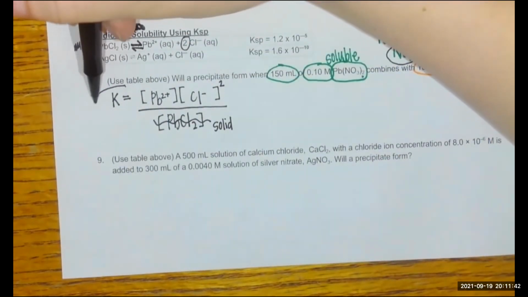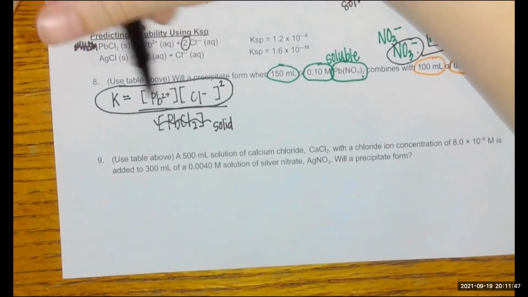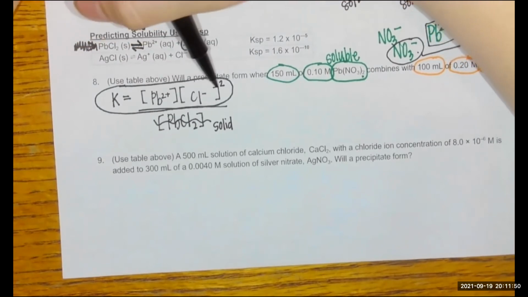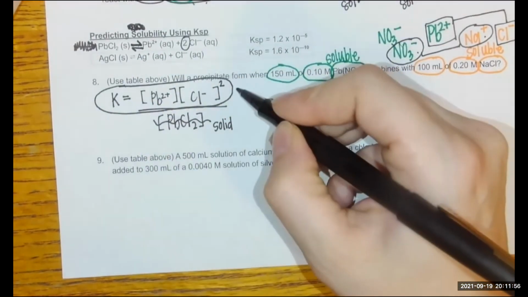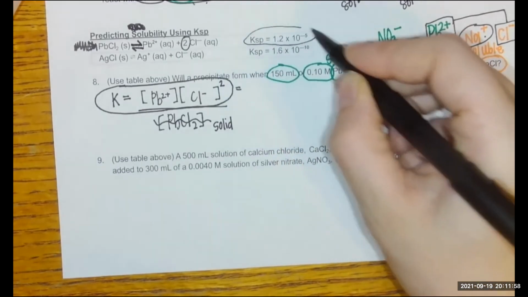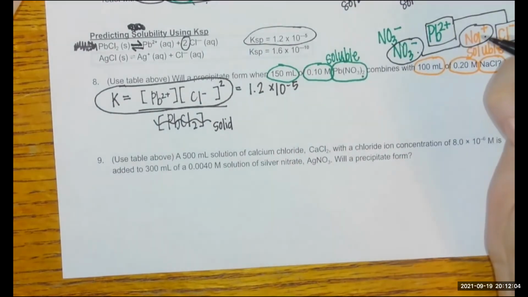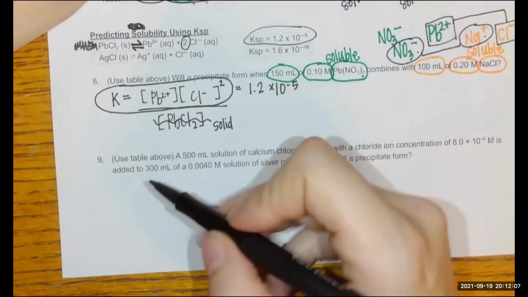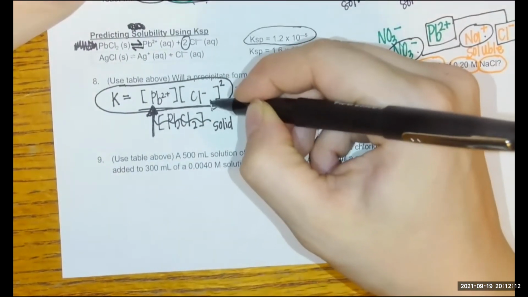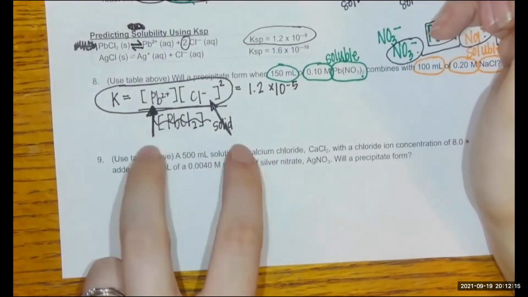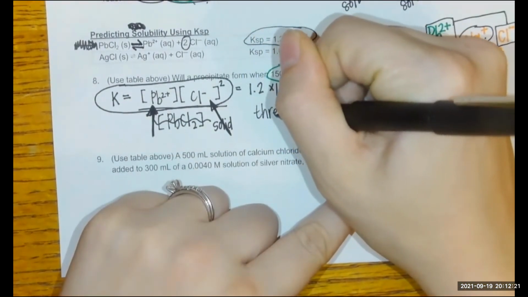So my expression is K equals Pb2 plus molarity times chlorine molarity squared, and this is equal to 1.2 times 10 to the -5. I need to plug in values here and here. I need to plug those in and see if it exceeds this threshold.